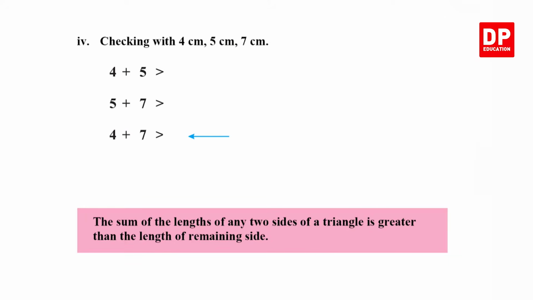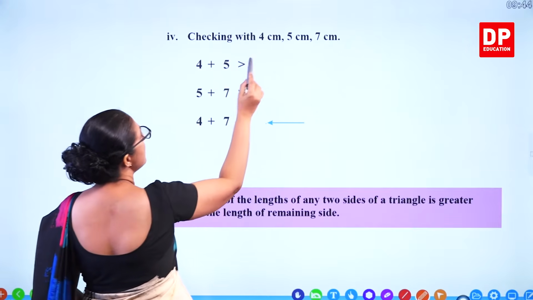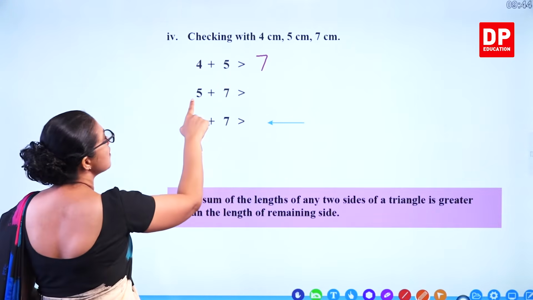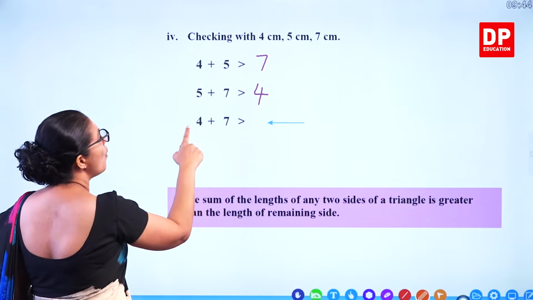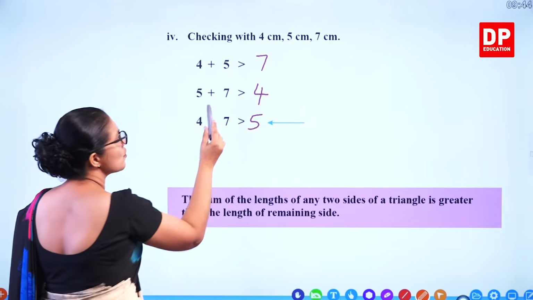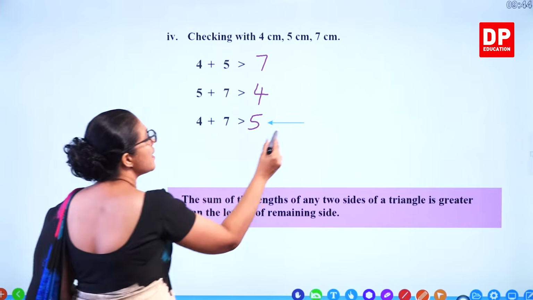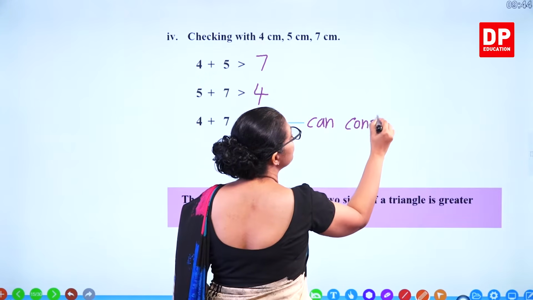Another 3 measurements, 4, 5, 7, we'll check. 4 plus 5 is 9, greater than 7. 5 plus 7 is 12, greater than 4. 4 plus 7 is 11, greater than 5. All satisfy, so we can construct a triangle.